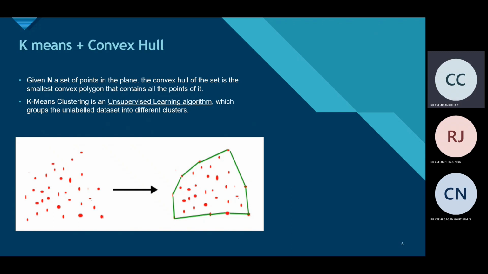K-means is an unsupervised learning algorithm used on unlabeled datasets to divide them into different clusters. And convex hull: if we give a set of n points in a plane, it forms the smallest convex polygon containing all the points of that same class.